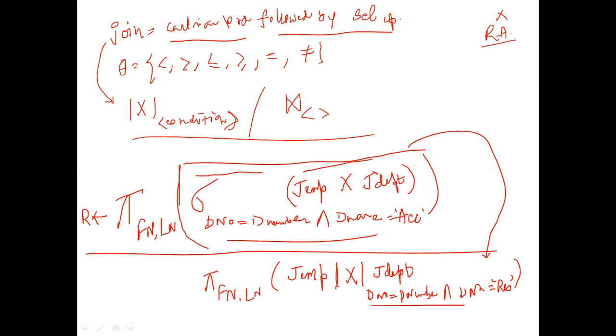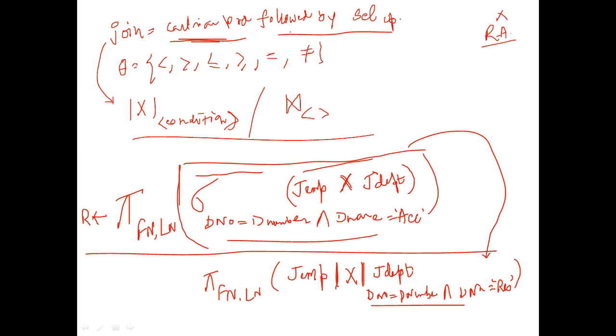This symbol by itself performs two processes, Cartesian product and then select. This join operator by itself is performing two tasks. First, it will perform the Cartesian product.